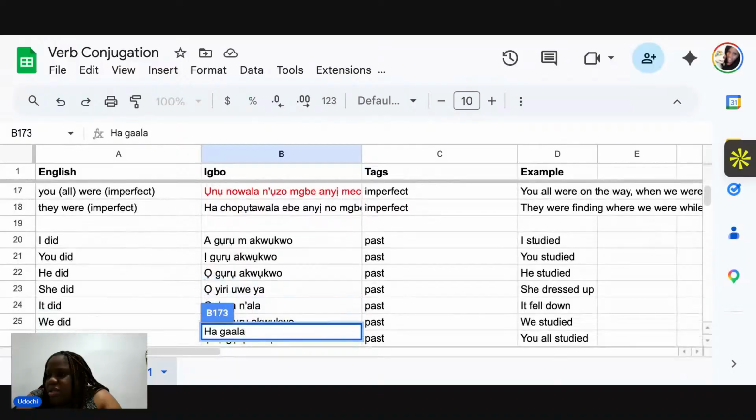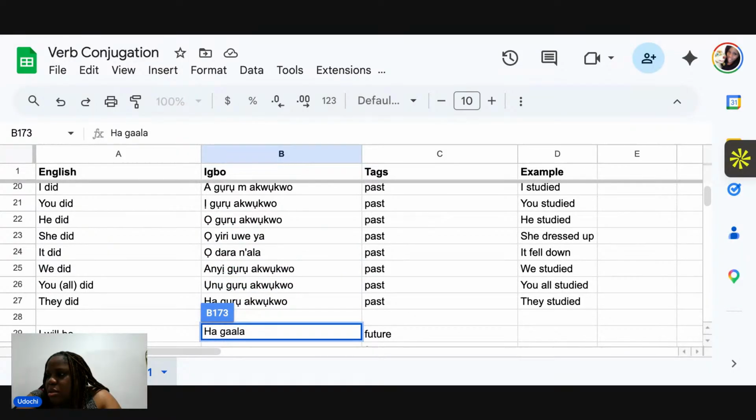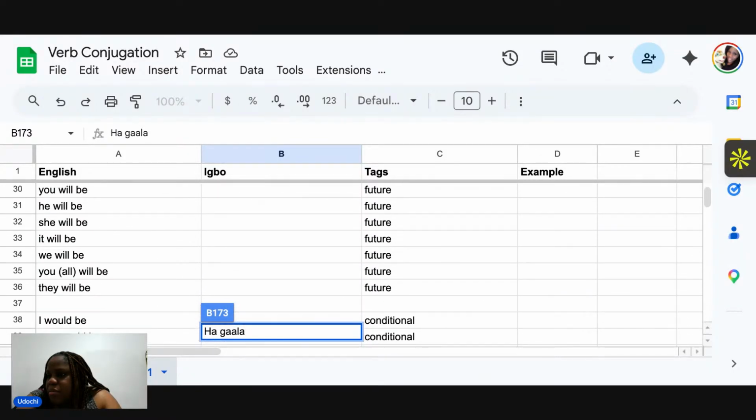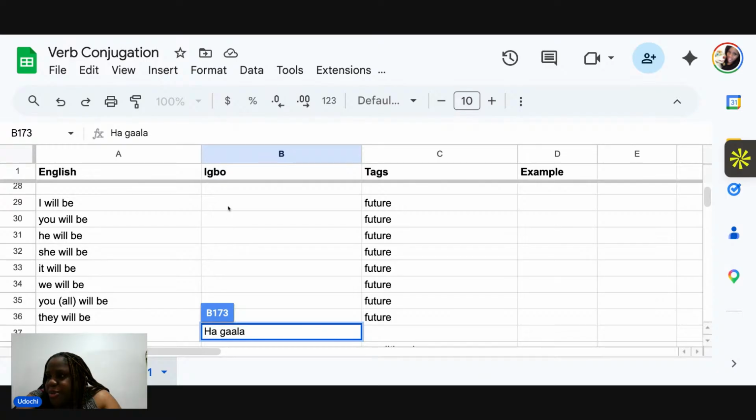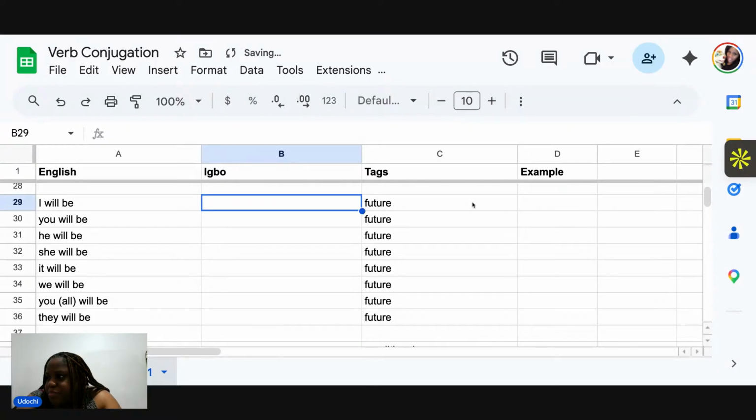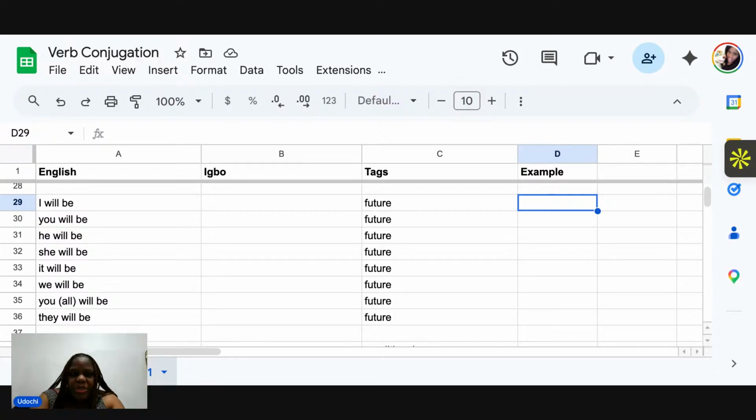Okay. I will be. All right. I will be would be that's the one we say I got my bull here. So what will we say?